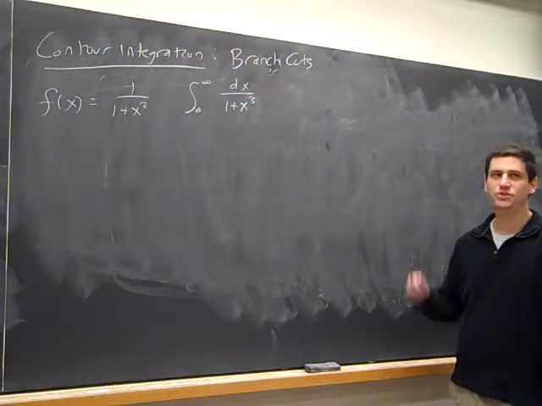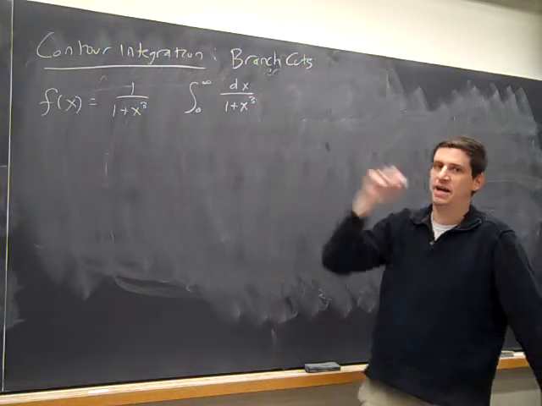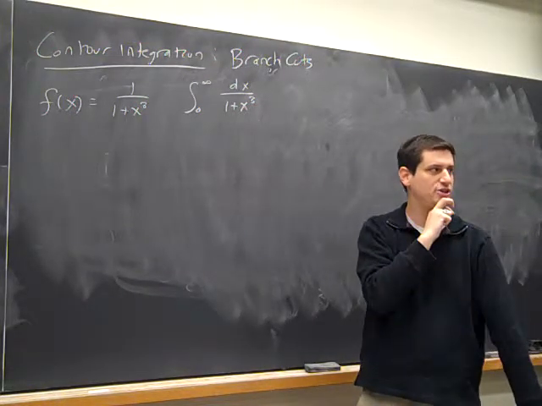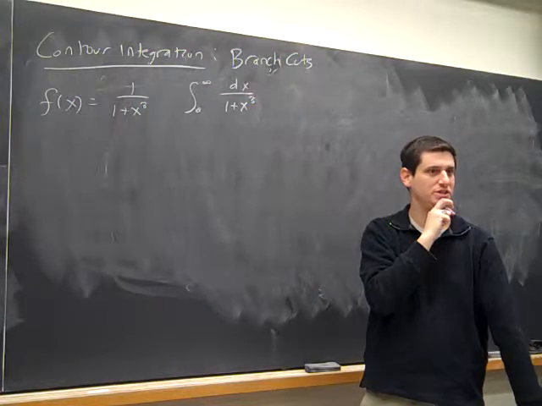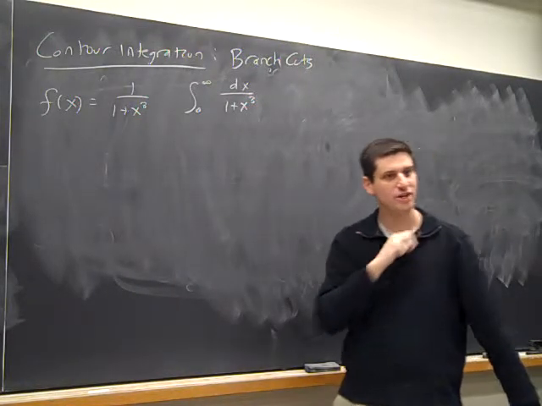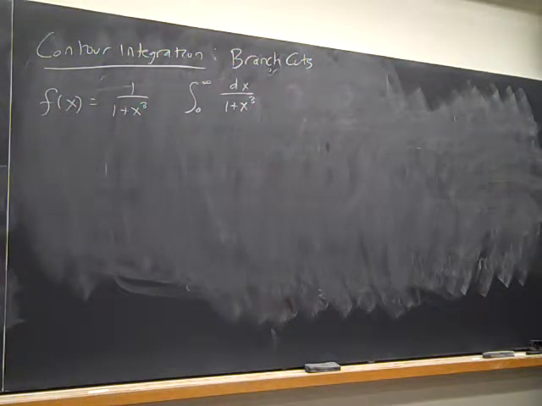The way to do this using the methods we've done is to notice the fact that I have an x cubed. I could change my variables in a very nice way and not see a difference. What could I change x by? So I can't send x to negative x, that will change it.